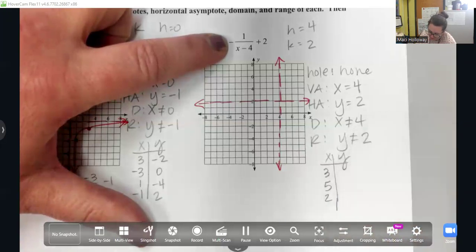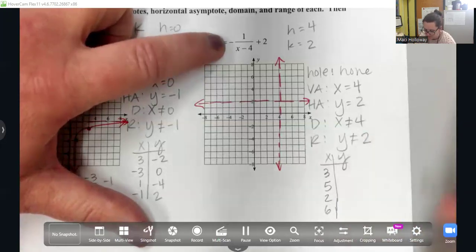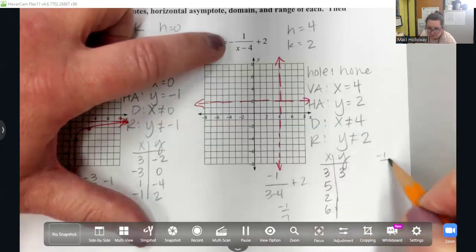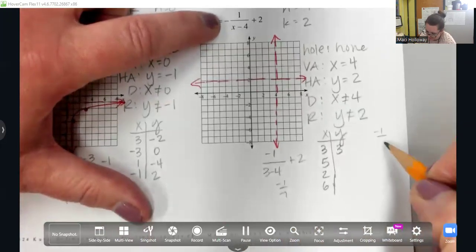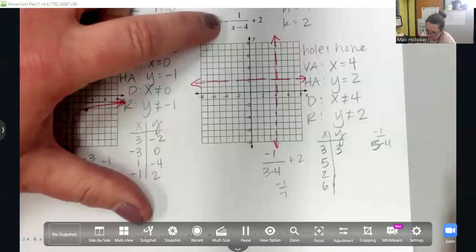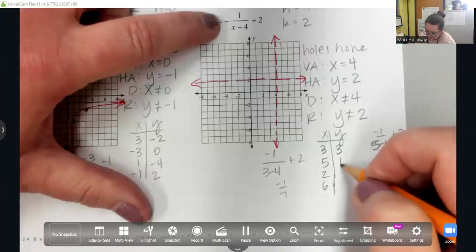That would make it 1/2, not too bad, and then we could also plug in 6. All right, so we do -1 divided by 3 minus 4 plus 2. That's -1 over -1, which would be 1 plus 2 is 3. And then if you plug in 5, -1 divided by 5 minus 4, that's 1. So -1 plus 2 is 1.